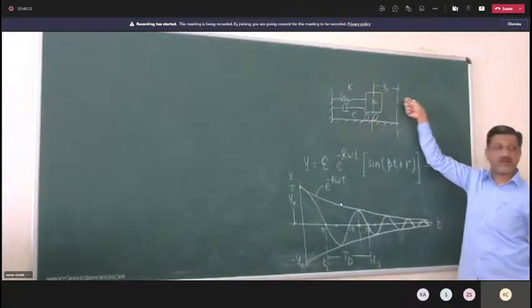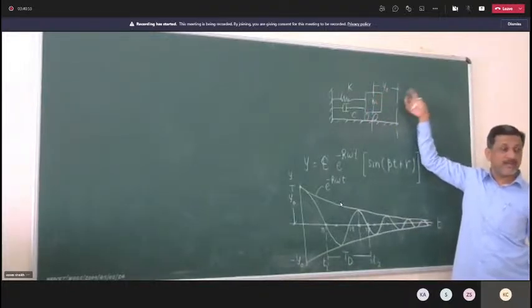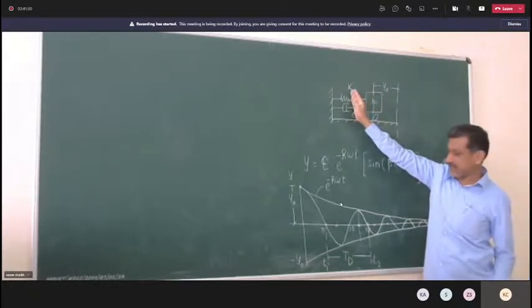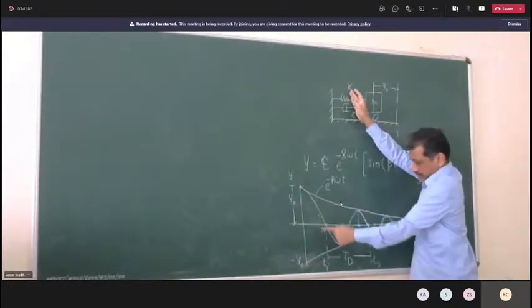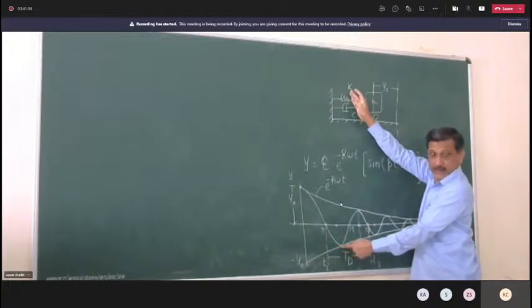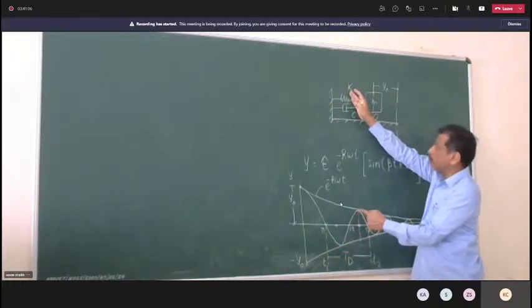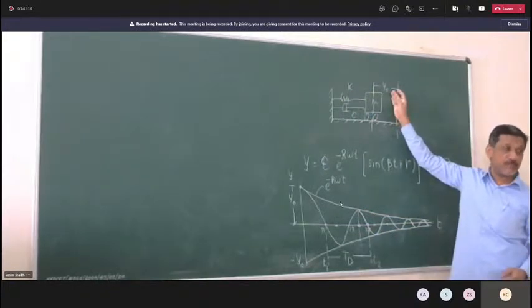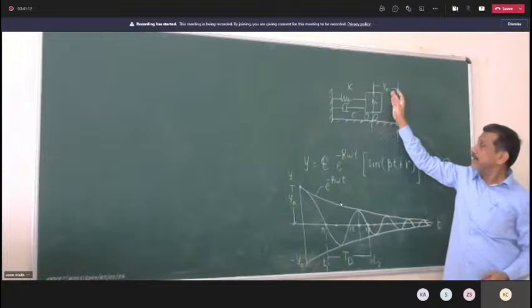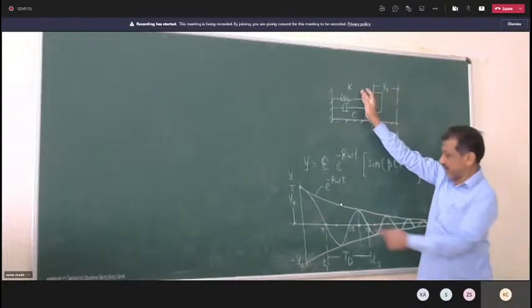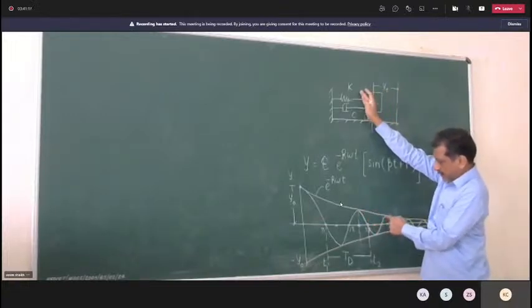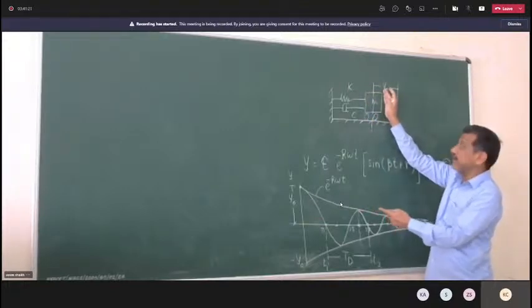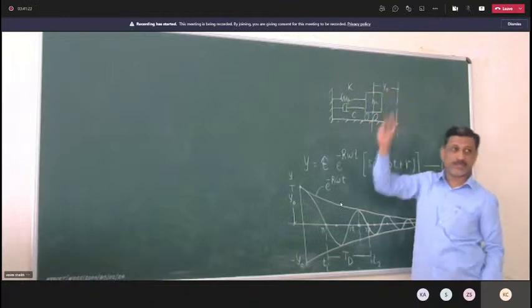I have pulled it and released it. It goes to the negative extreme, and then it will come to the next positive extreme, which is less than y0. Again, it will go to the negative extreme, come to the next positive extreme, which is still less than the earlier value. And that's how the amplitude is going to reduce.